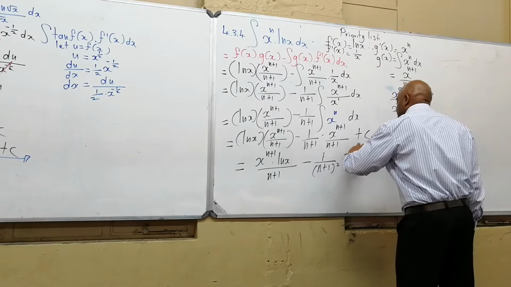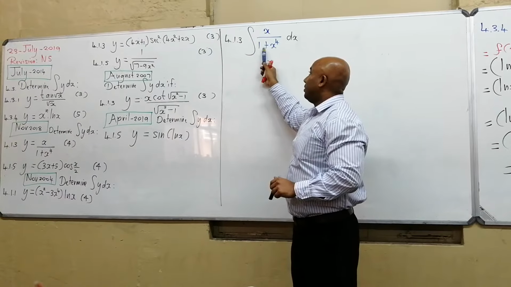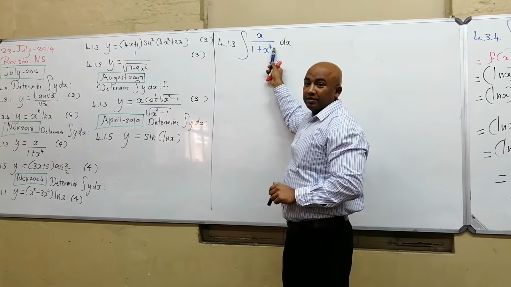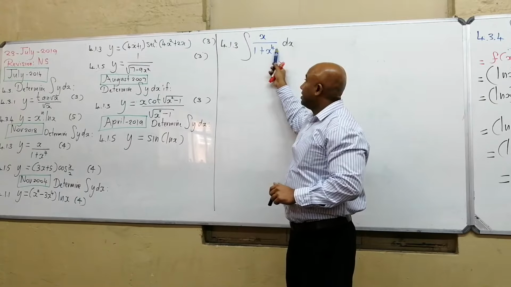Alright, so the next one. We need to integrate x divided by 1 plus x to the power 4. Okay. So the numerator is not an exact derivative of the denominator. You see that? But now you need to be careful.